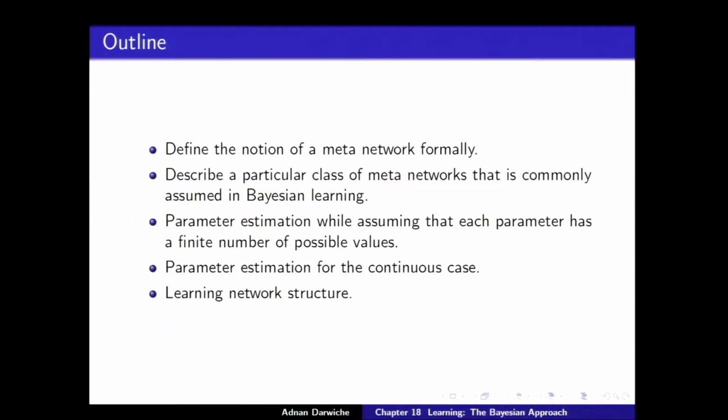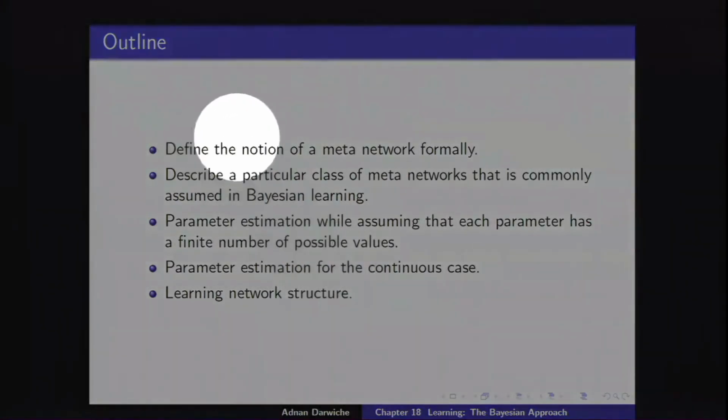Okay, so here's the agenda for today. And part of this is for Tuesday. We will define the notion of a meta-network formally, just a little bit. That's the essence of doing all of the mathematics. And we will describe a particular class of meta-networks that's commonly used in Bayesian learning. We will give you a standard type of meta-network.